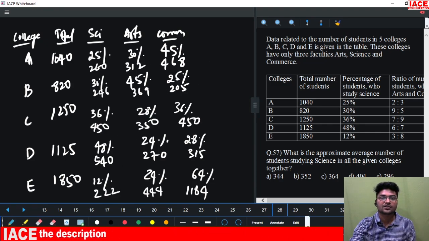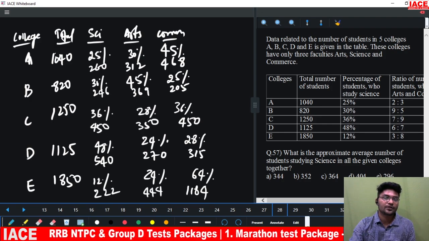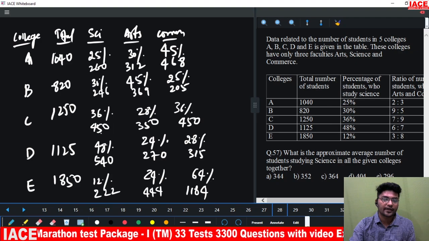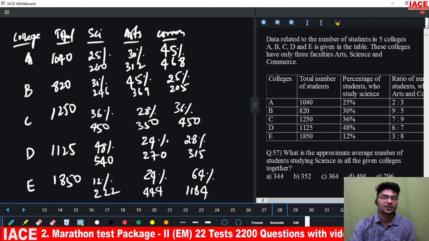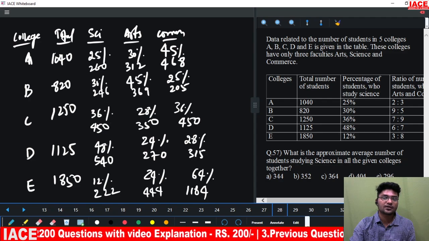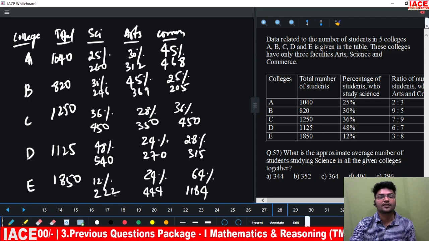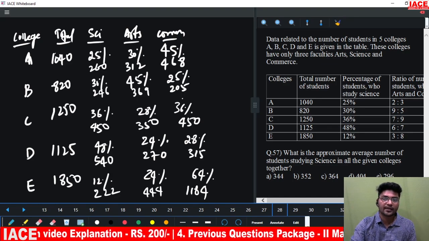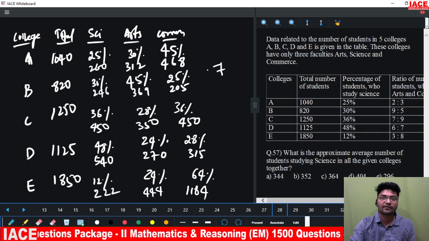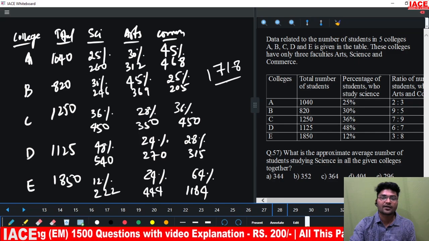So we have 260 plus 246 plus 450 plus 540 plus 222. So 200, 200, 400, 800 plus 500, 1300 plus 200, 1500. Then 1600, 1690, 1710, and finally it will be 1718. So totally it will be 1718 divided by 5.